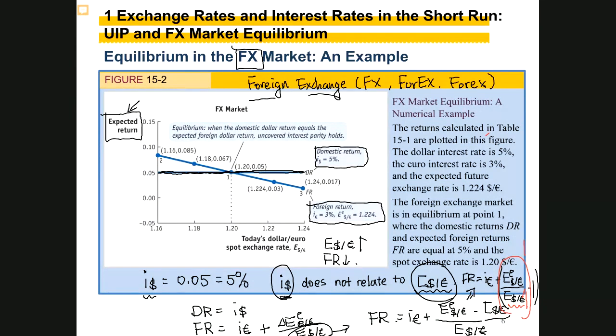So that's how you construct the foreign return line, with a negative slope.